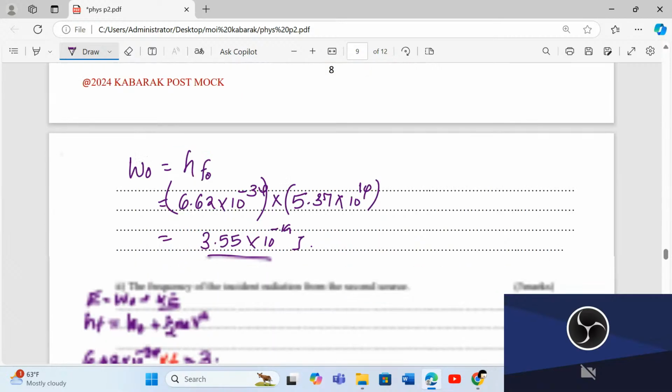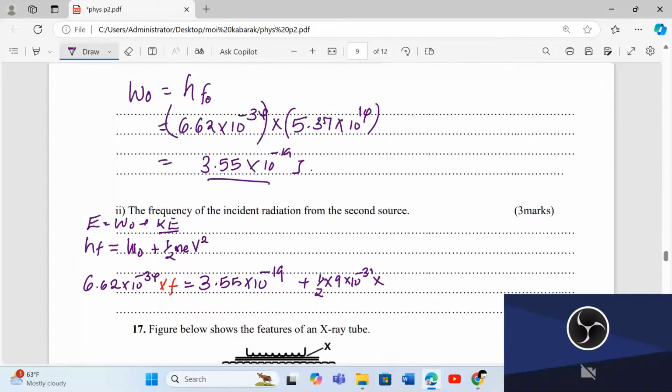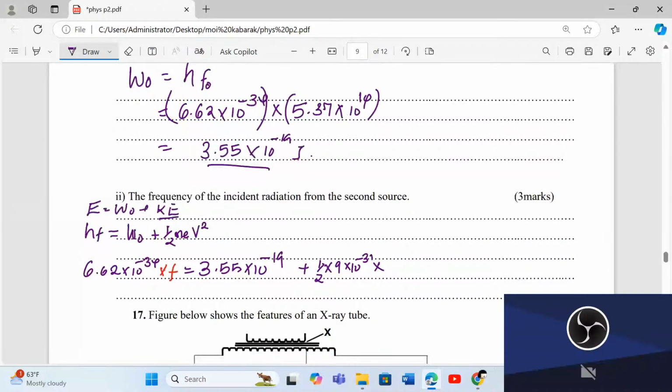So now I can complete my substitution: 7.9 times 10 raised to power 5, then it is squared.